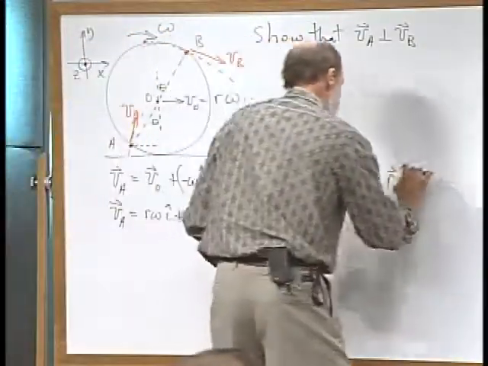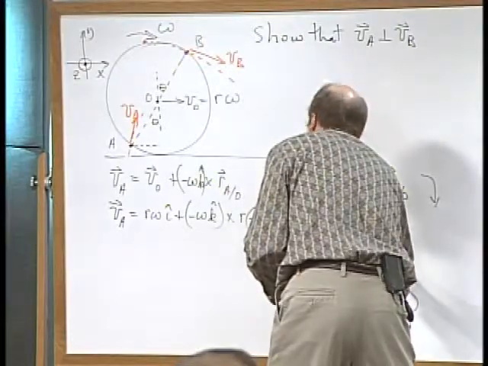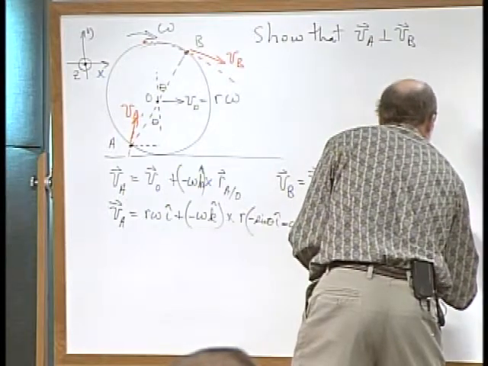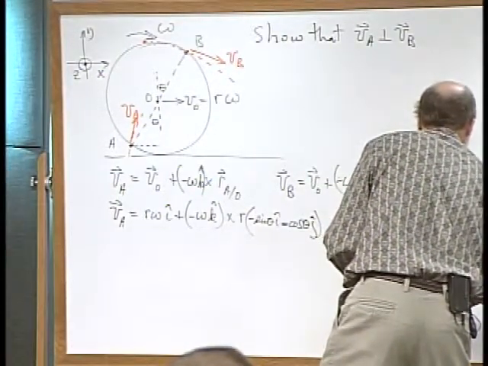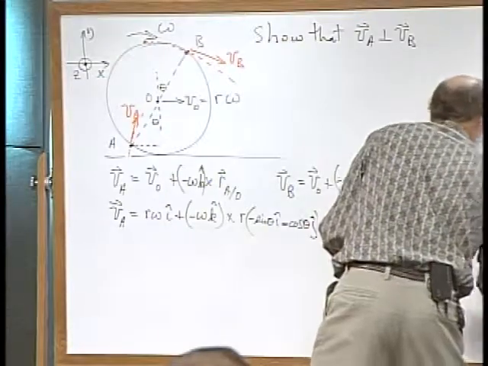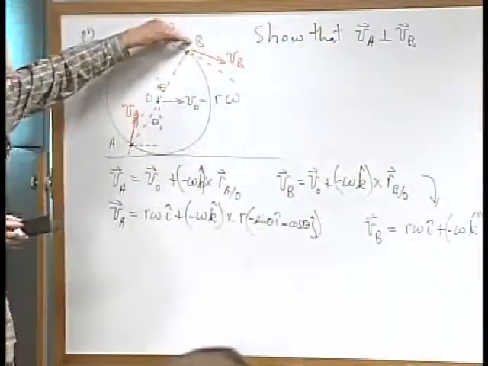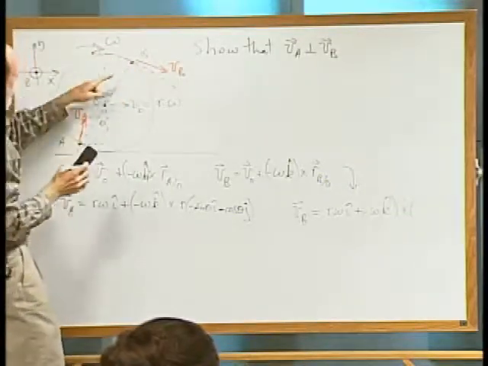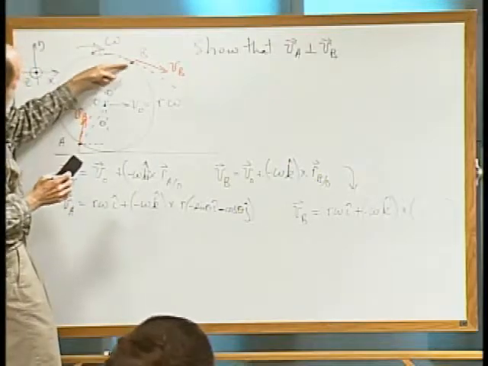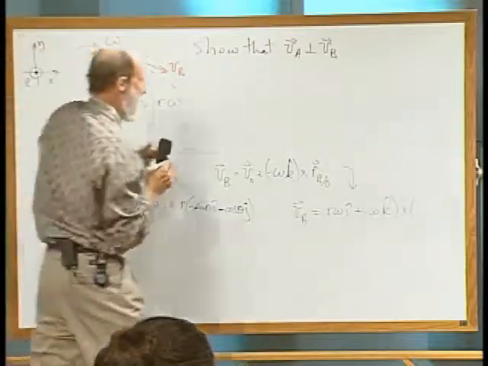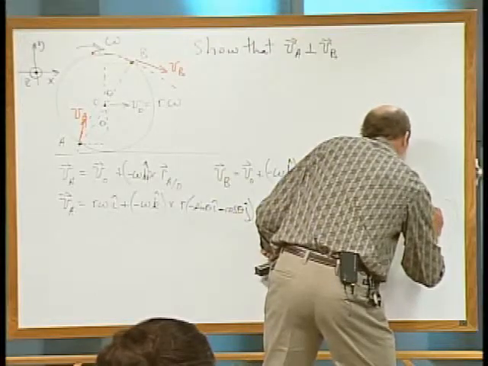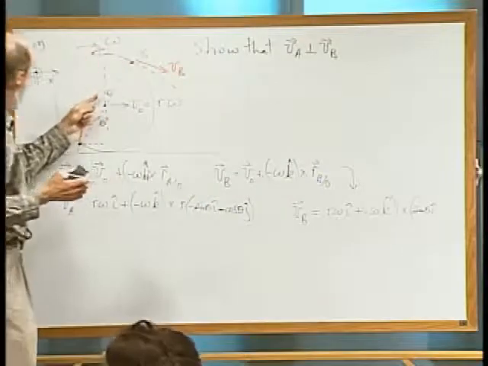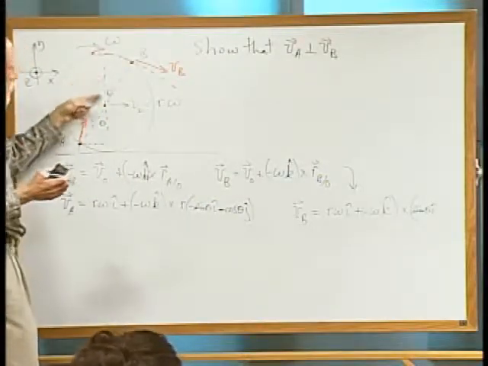Paralleling that over here, the velocity of B is made up of r omega i plus negative omega k hat crossed with now the position vector of B relative to O, which has a positive x component, which is the sine of theta, and a positive y component, which is the cosine of theta.